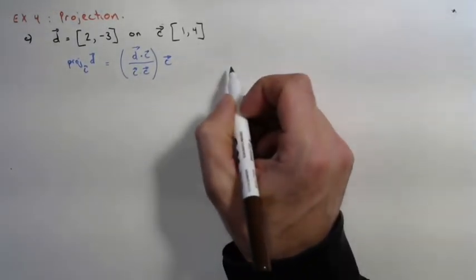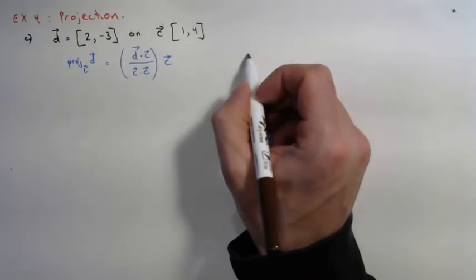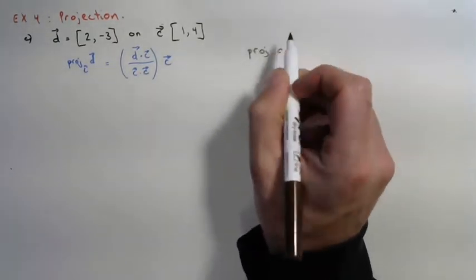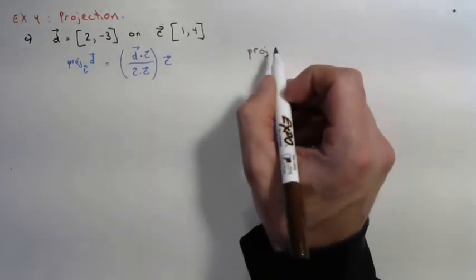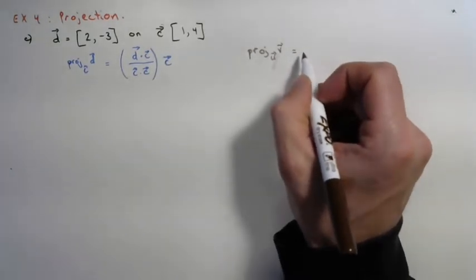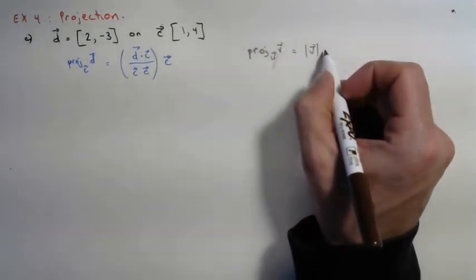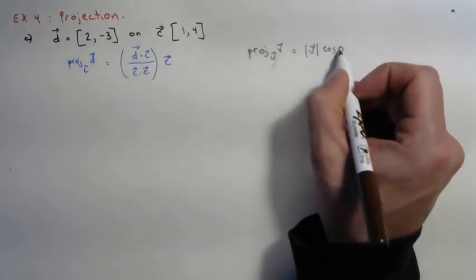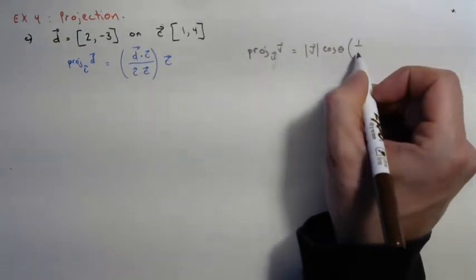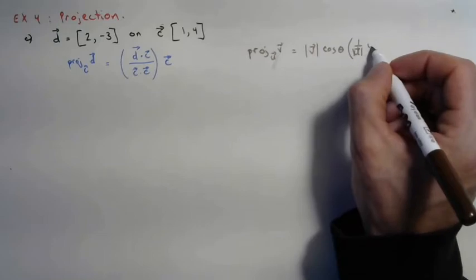Without going into a big proof and detail, we can just put as a little side note 2 equivalent statements for the projection of, I'm going to generalize here, V onto U. We've already used this one. It's the magnitude of V times the cosine of theta times 1 over the magnitude of U times u.